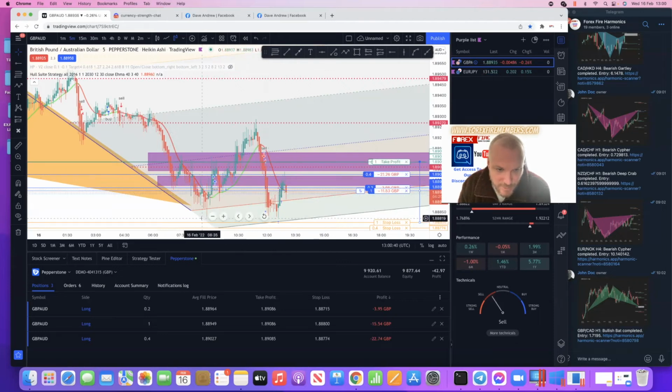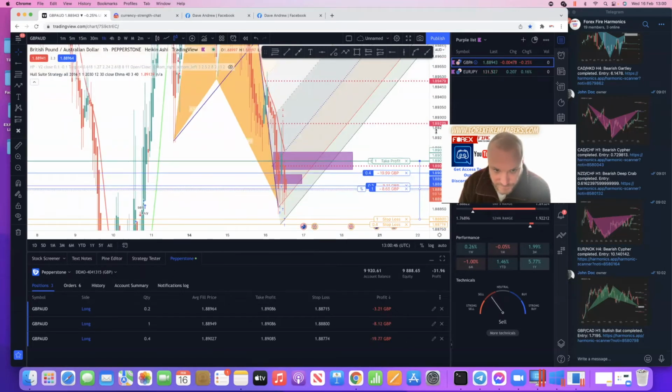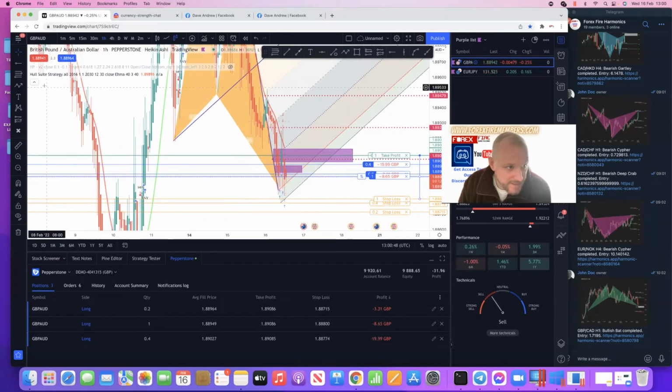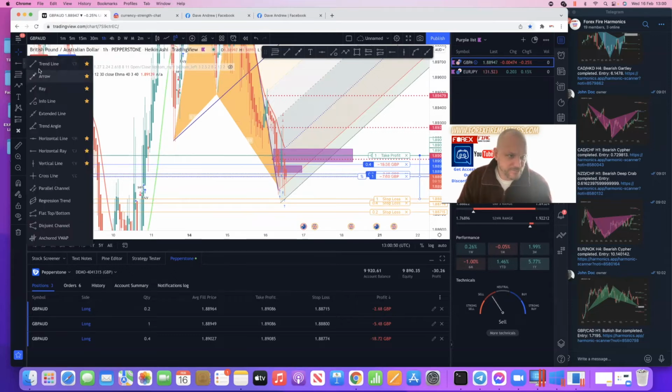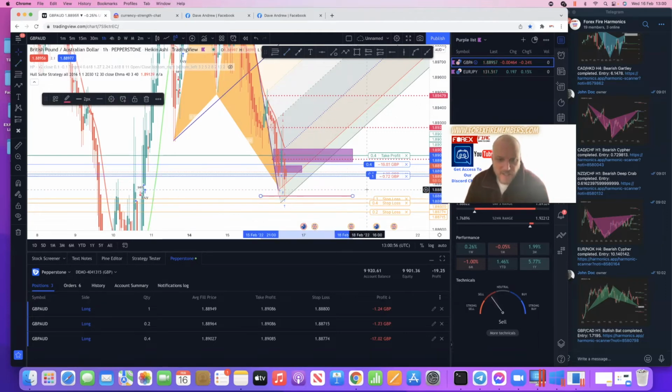However, you can see we've come down to double bottom on, is it the 1 hour D point? Let's have a look. Yeah, and you can see on here, more or less come to double bottom on there. So it's coming to retest right the way down the bottom.